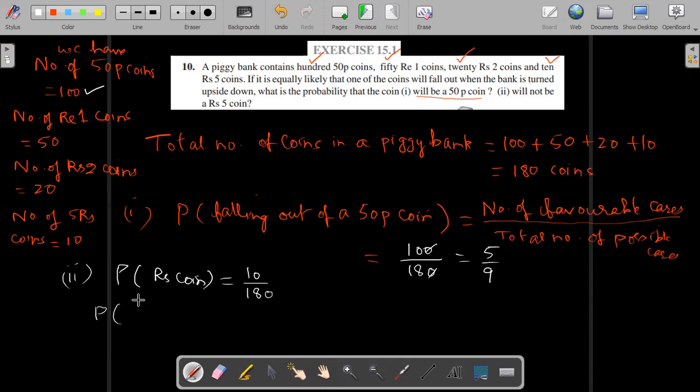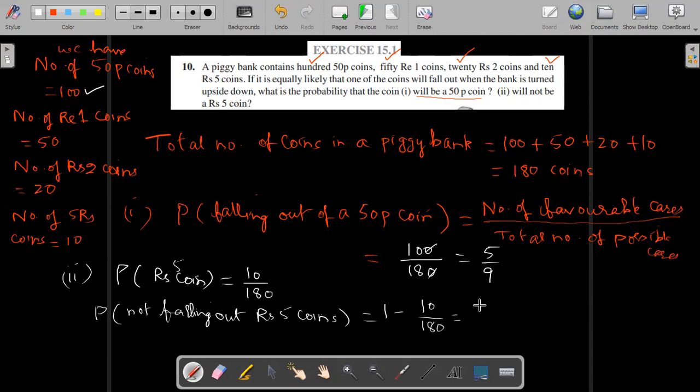But we have to find the probability of not falling out a 5 rupees coin, which is equal to 1 minus 10 upon 180.